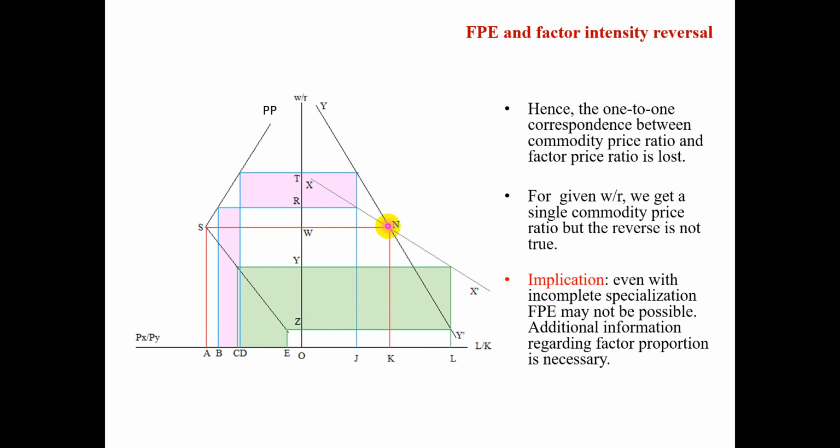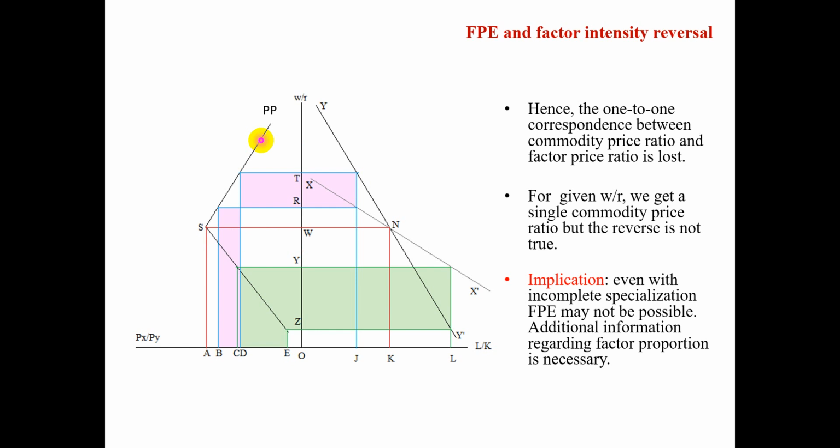So they are equal in terms of the factor intensities. But the problem with the factor intensity reversal is that the one-to-one correspondence between the commodity price ratio and the factor price ratio is lost. For any given W by R, we can get a single commodity price ratio. For example, if W by R is here, you can have the single commodity price ratio.